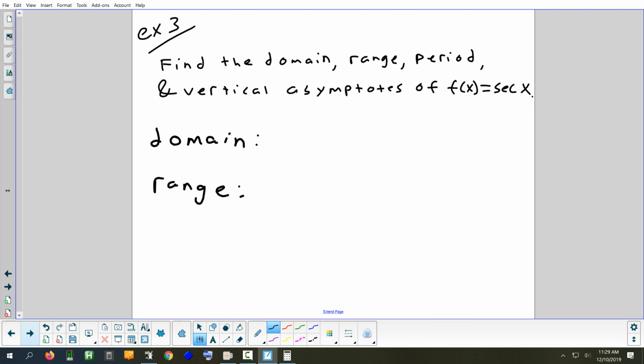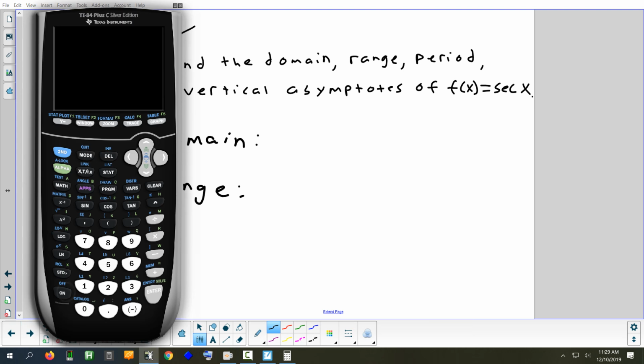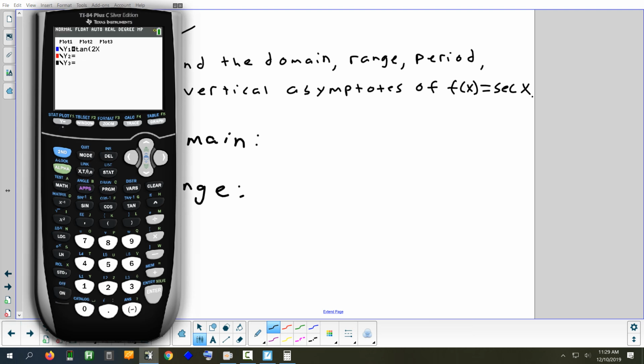Well, I kind of already gave that away to you, but if we wanted to graph secant, and you weren't sure what the range is, graphing it is the best way to tell. How do you type secant in on the calculator? 1 over cosine, yeah. Second would be inverse, we're not going to worry about that. Zoom 7.